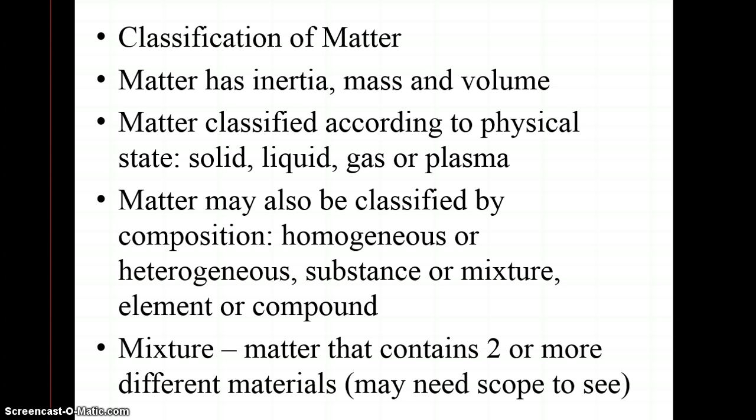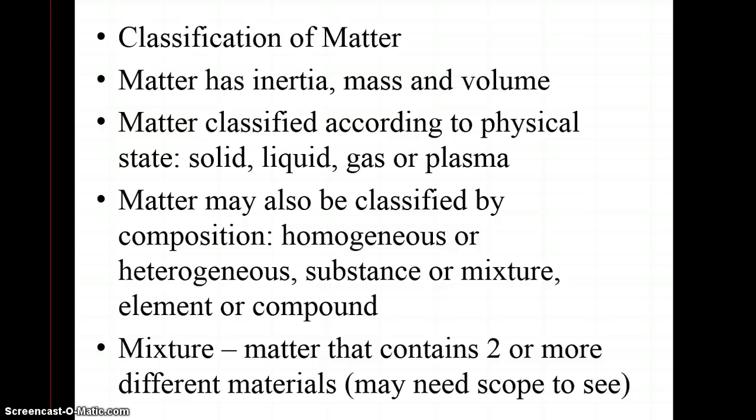Matter is classified according to its physical state, whether it's a solid, a liquid, gas, or plasma. Matter may also be classified by its composition. It may be homogeneous or heterogeneous. So there's homogeneous materials, heterogeneous materials, substances or mixtures, homogeneous mixtures, heterogeneous mixtures, and then there's elements versus compounds.